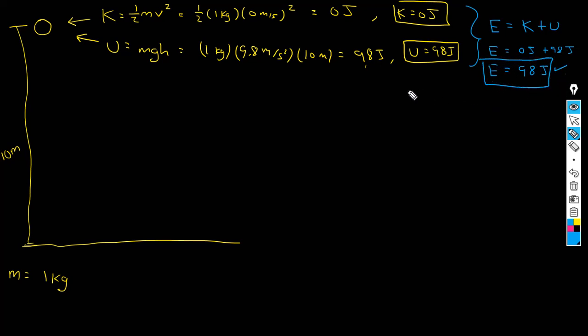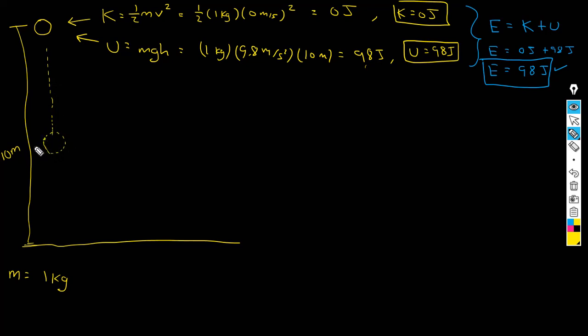Perfect. Now, knowing this will be very useful if, for example, we want to do the following. Suppose that the ball starts to fall down. It's falling down, it's falling down, and you take a snapshot right in the middle.